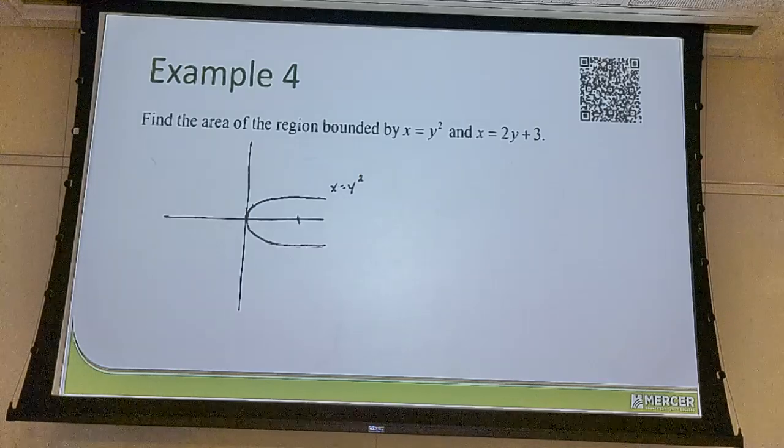There. Slope of 2. So, something like that. Probably.